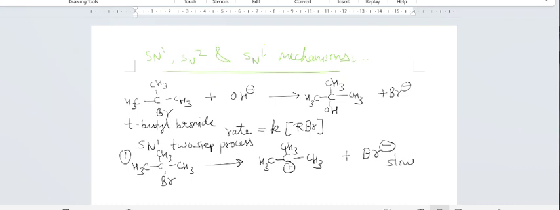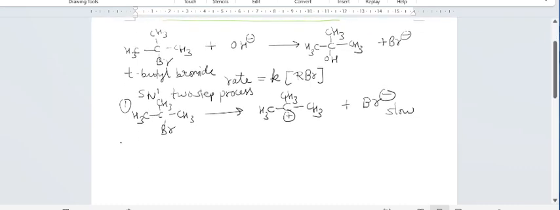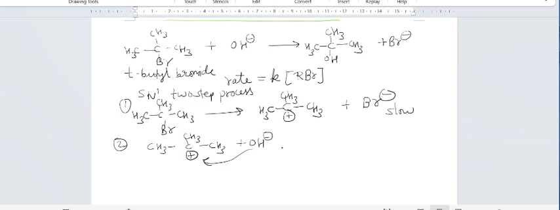And the second step is the attack of nucleophile on this tertiary carbonium ion, which is formed in the first step. Now here nucleophile is attacking, and what is formed? Alcohol.